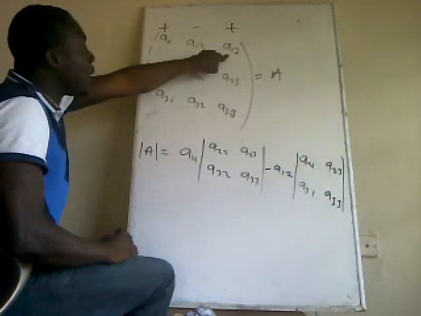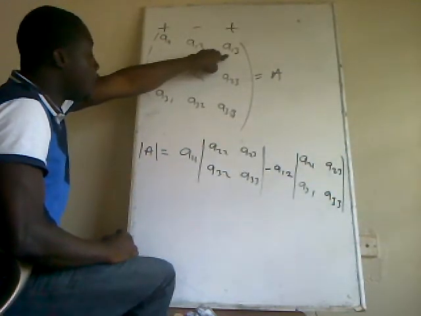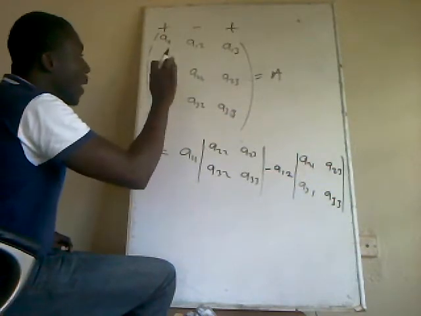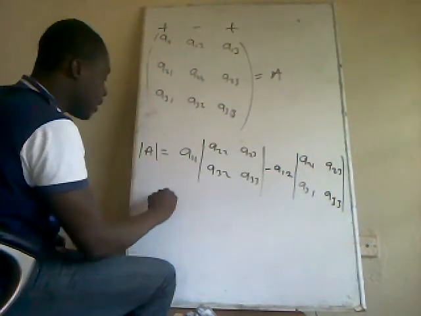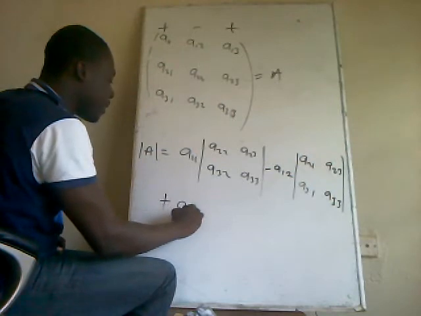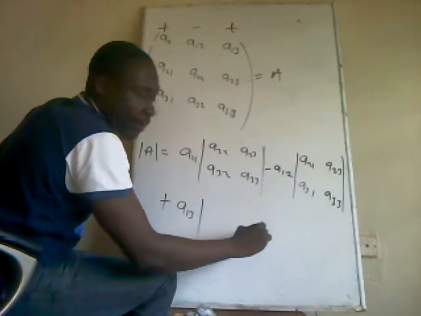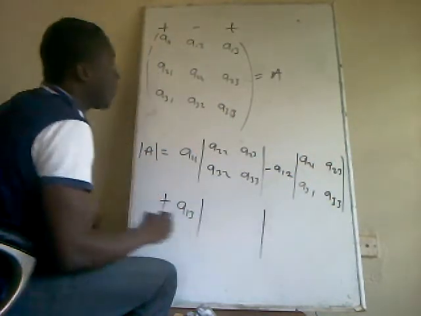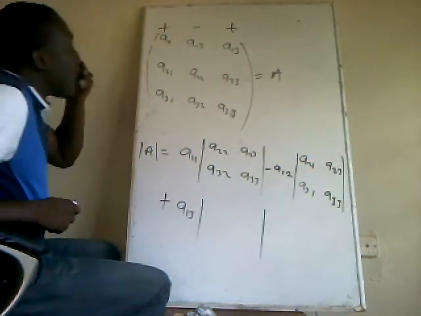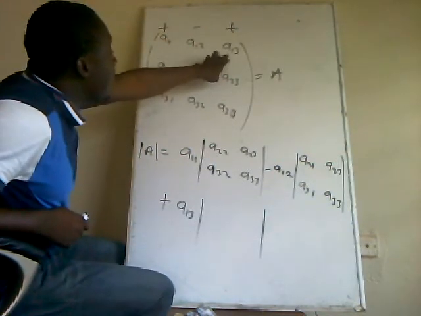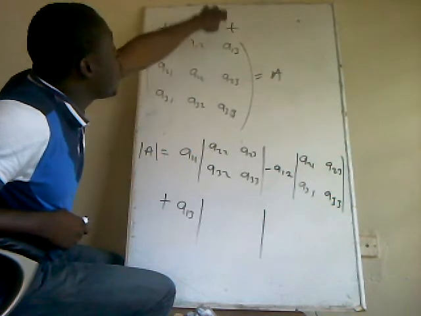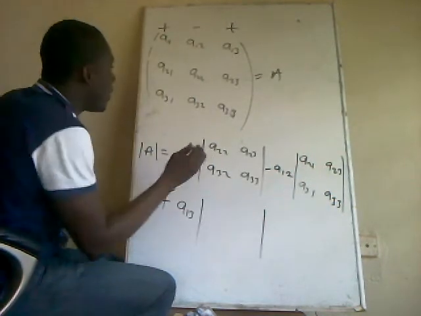Then I come to this one, the last element of the first row, which is A13. But the minor is what? Plus. So plus A13 multiplying. Now, I stand here and I cover the first row, the third column, and I'll be left with what?